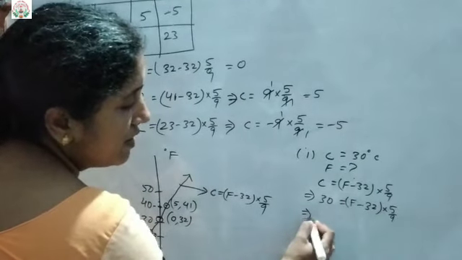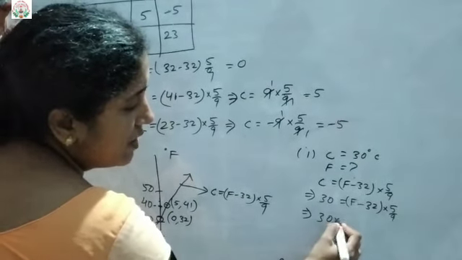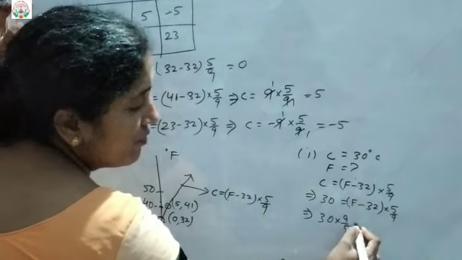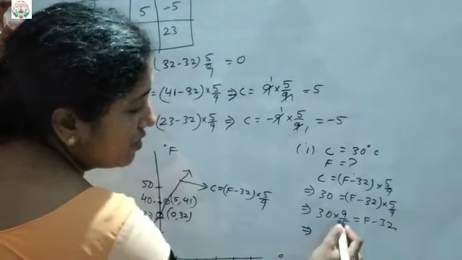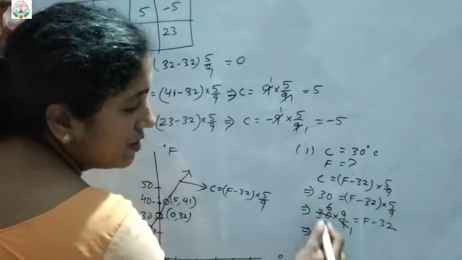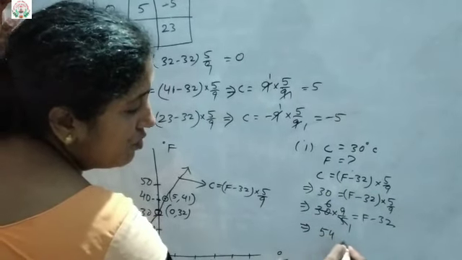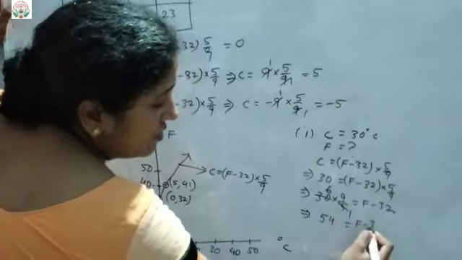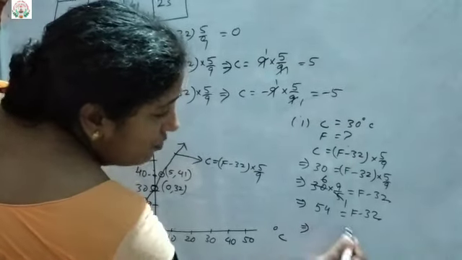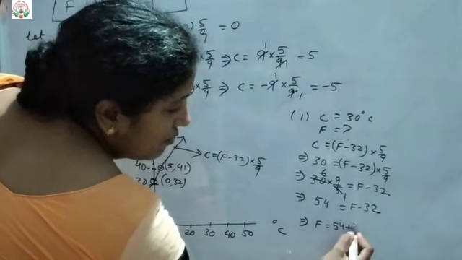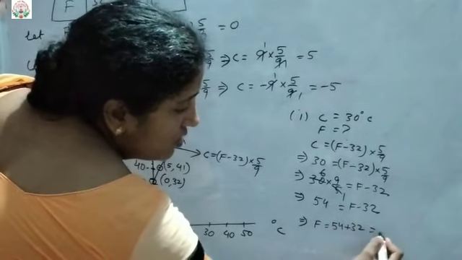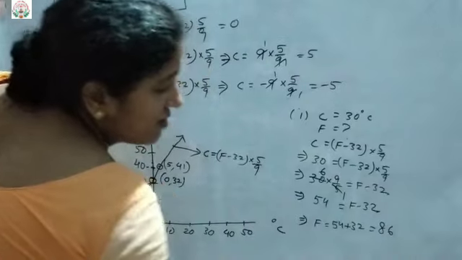Cross multiply. So it will be 30 into 9 upon 5 equals to F minus 32, implies 5 6s are 30, so it will be 54 equals to F minus 32. Now bring this side, so it will be F equals to 54 plus 32. It will be how much? 86.